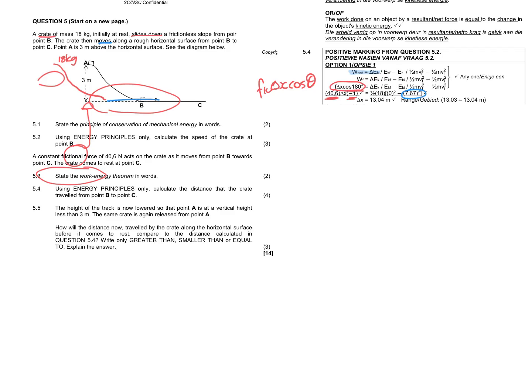Then your last question is an explain question. The explain questions, I'd really like you to try and use a formula. They now say that the height of the track is lowered, so that's a height of less than 3, and you release the same crate.